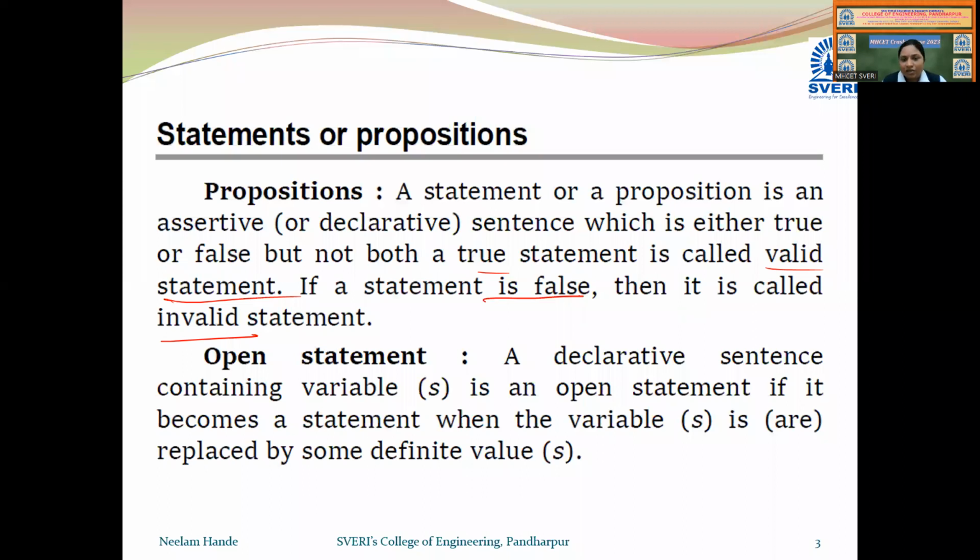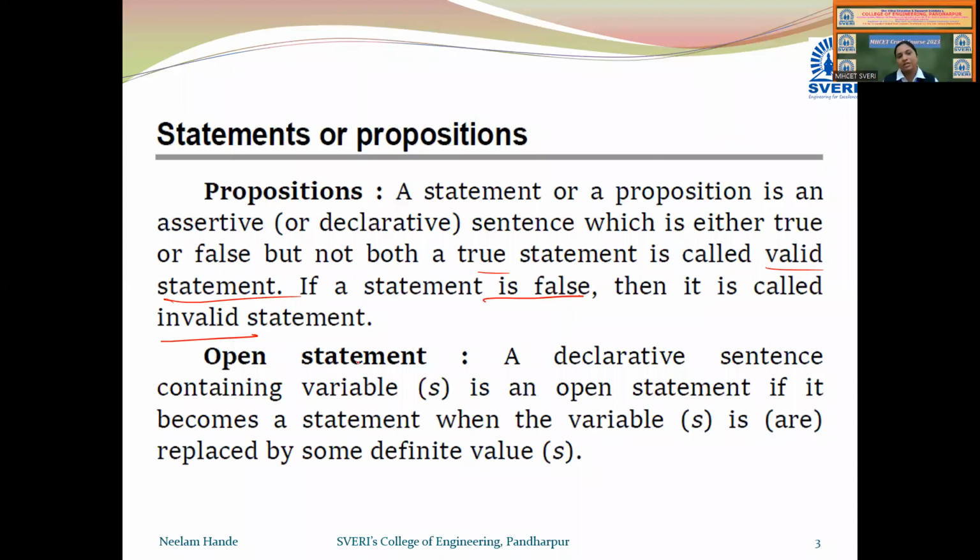Mumbai is in Maharashtra. Yes, it is a statement, right? Is it a true statement? Yes, it is true. Mumbai is in Maharashtra only. Correct. So it is called a valid statement. But if I say Mumbai is in Rajasthan, is this a true statement? Is it valid? No. Such statements are called invalid statements, which are false statements.